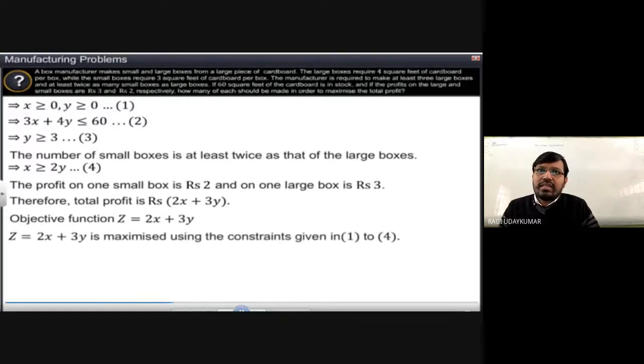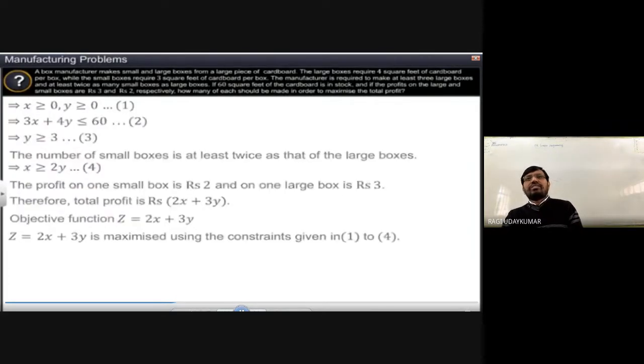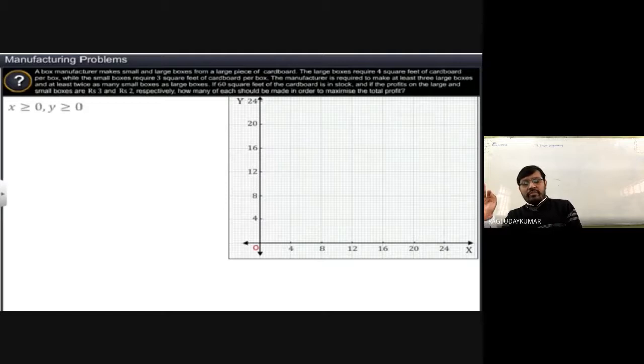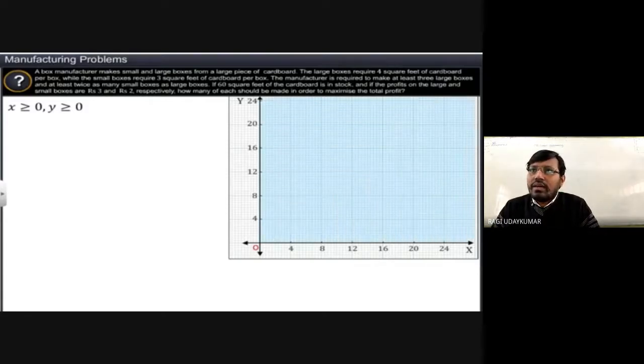The constraints are this one, this one, this one, and this one. 4 constraints. And the first 2 inequations represent the first quadrant, so all that should be in the first quadrant. X greater than 0, y greater than 0 represents the first quadrant.